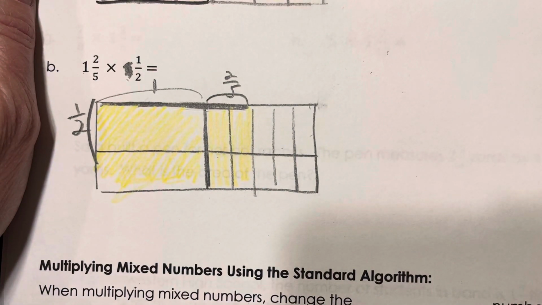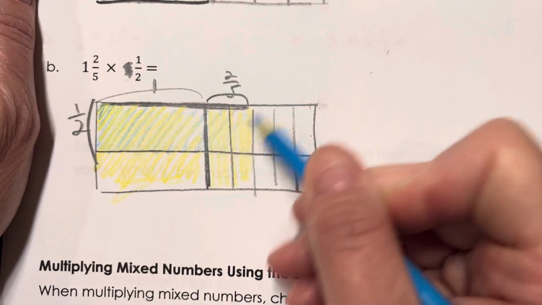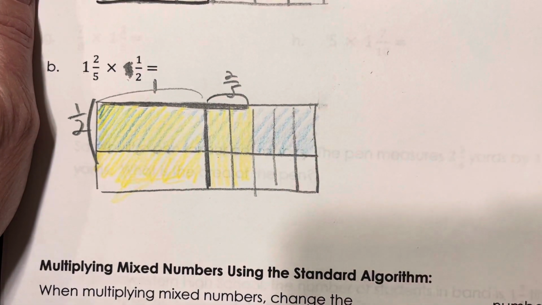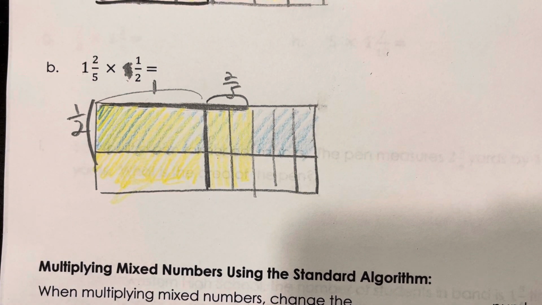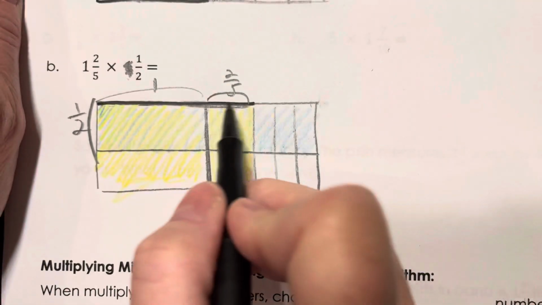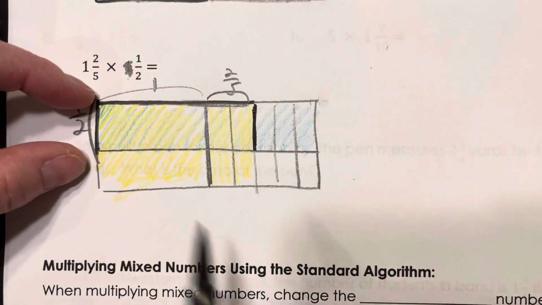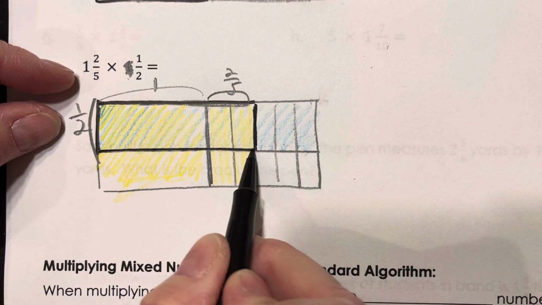So only 1 of these 2 would get shaded. So my answer, if I'm looking at the area model for my rectangle, is 1 2/5 by 1/2. And we know for rectangles, if this is a half, then the other side should be half. And if this is 1 2/5, then that should be 1 2/5.